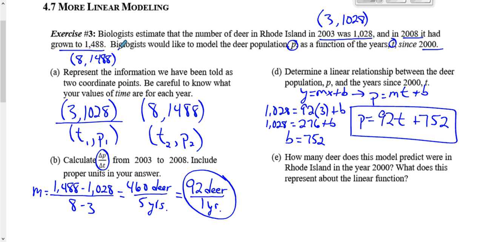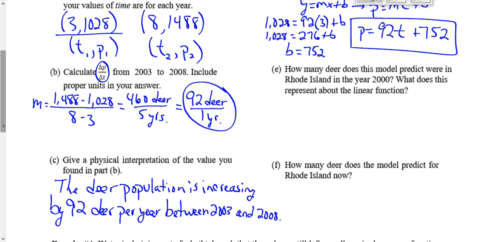So what is our value of T in the year 2000? 0, because it starts at 2000, so that's our time 0. No years have passed yet, the initial time. So T equals 0. So what do we plug in? 92 times 0 plus 752, which equals 752 deer.